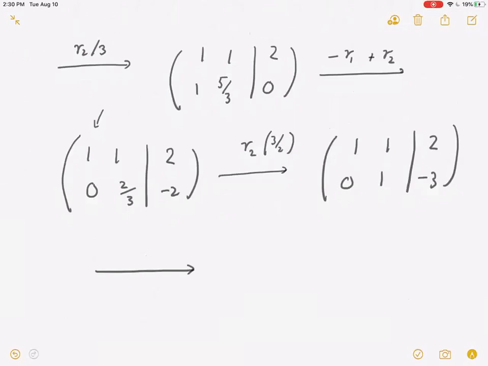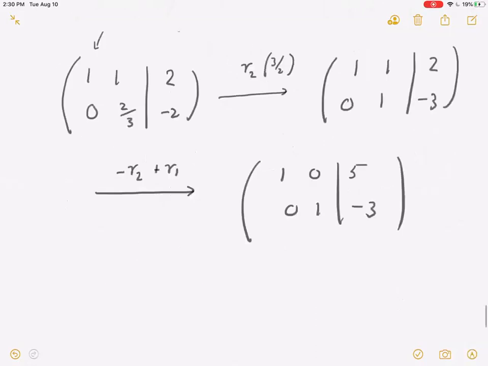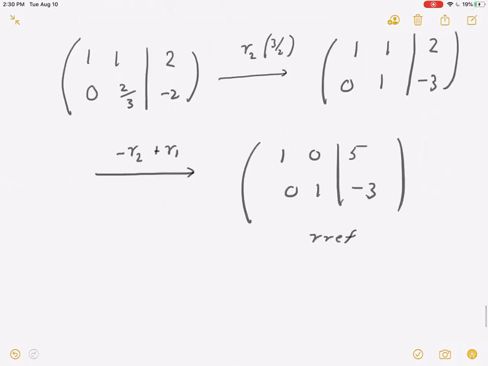So finally, let's take a Xerox copy of row 2, multiply it by -1, and add that to row 1. And what I have is the result of Gauss-Jordan elimination. I have my augmented matrix in reduced row echelon form.